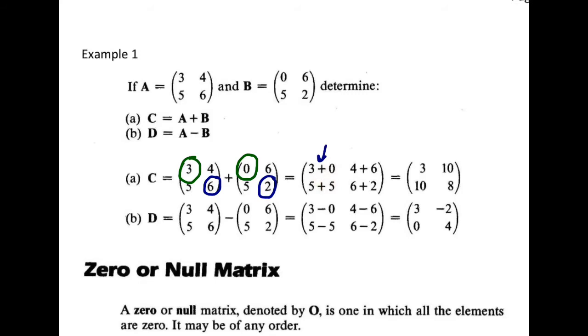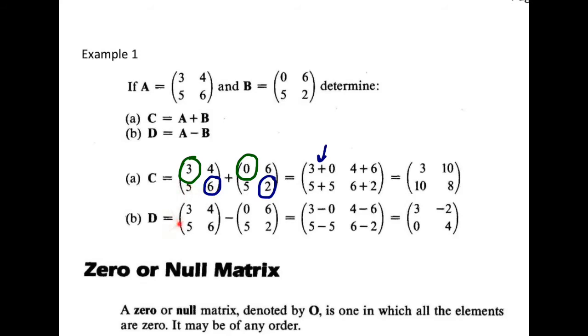You add the last elements, which are 6 and 2, and it will give you a new matrix, which is equal to A plus B. This is matrix A, and that's matrix B, and that will give you a new matrix, which is here, and that is matrix C.